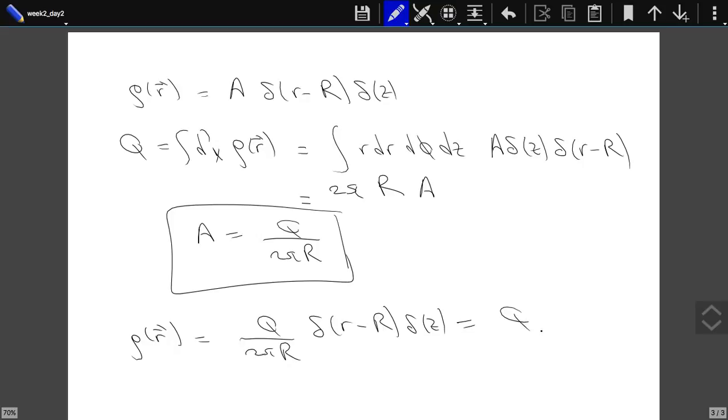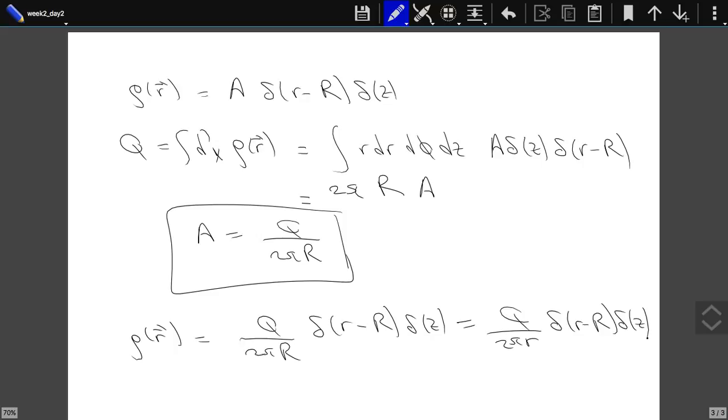Or you can also write this in this form. Well, I can convert the capital R into small r because of this Dirac delta. The Dirac delta essentially has a meaning only inside integrals.